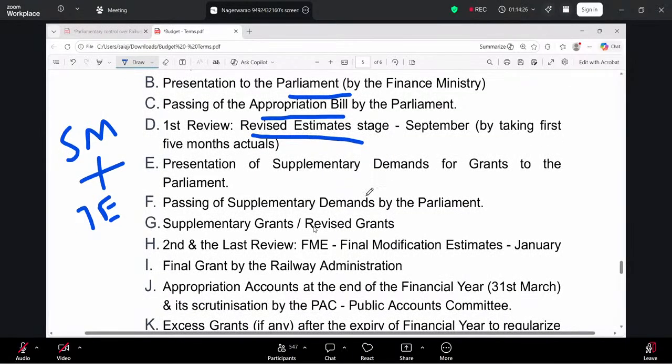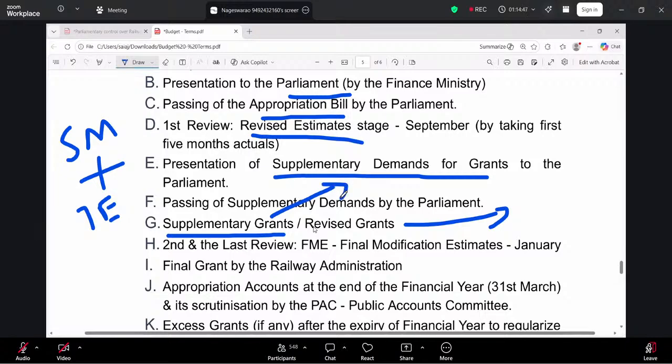Then after receiving the supplementary estimates, we prepare supplementary demands for grants. Then if it is passed, it is called a supplementary grant. Revised grant is the internal word, but supplementary grant is the parliamentary terminology.